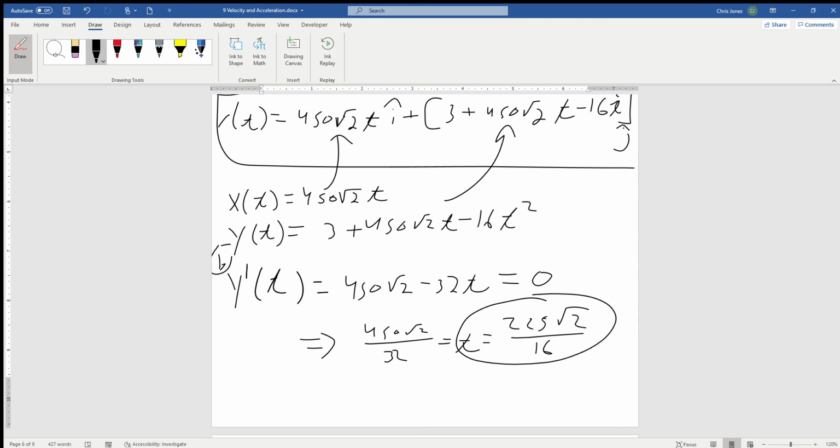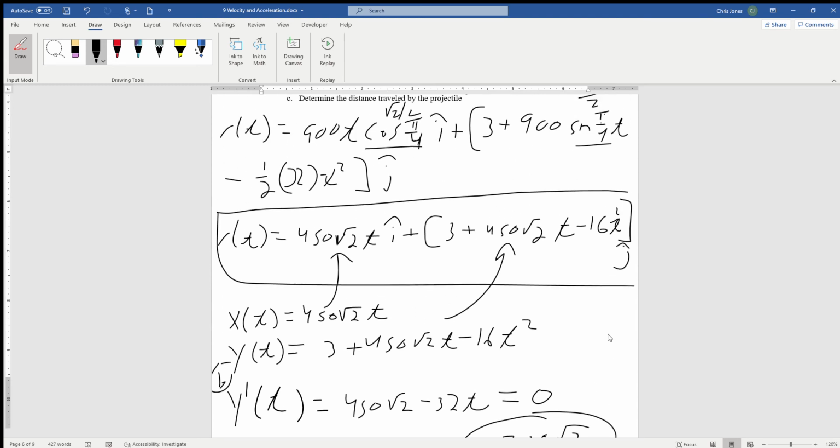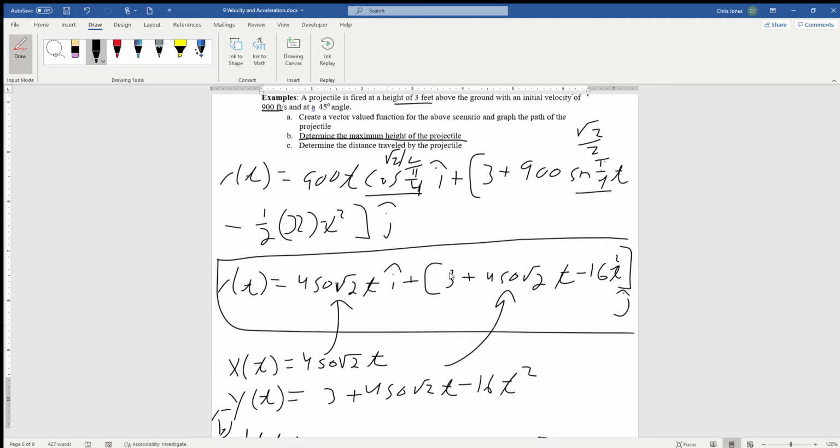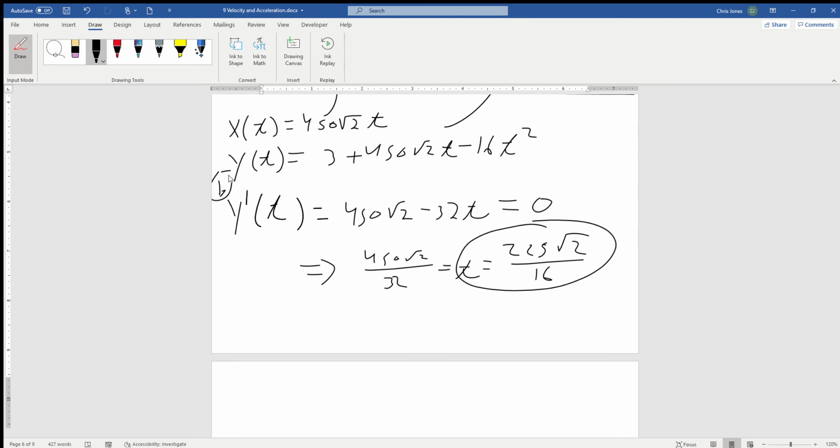Okay, now that just tells us what the time is. It does not tell us what the height is, or the maximum height. So the maximum height of the projectile is going to be when we substitute this back in for y at t. Now I'm going to approximate this just out of convenience. So 225 root 2 over 16 is approximately 19.9, and that's in seconds, since we had feet per second.